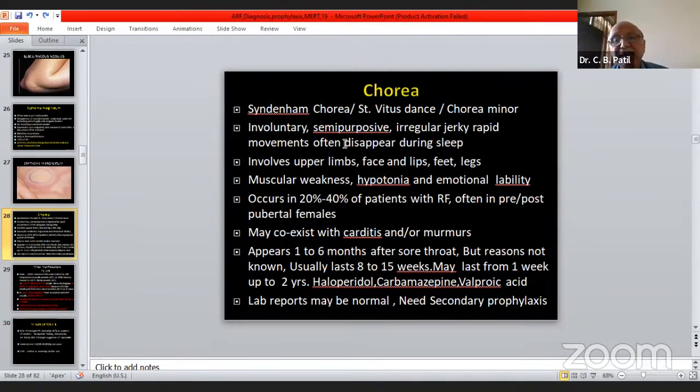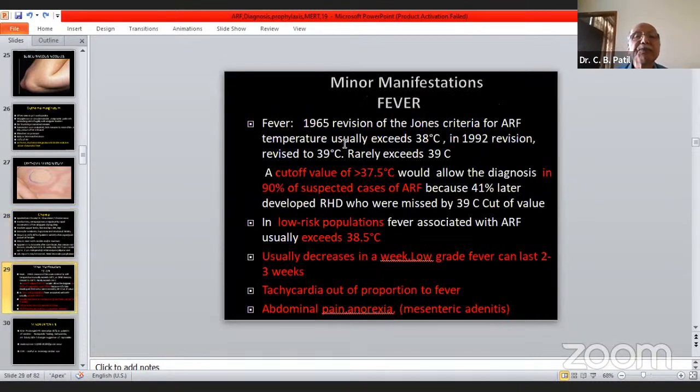But the treatment is, of course, you have to treat the streptococcal sore throat, and that means benzathine penicillin prophylaxis is required. Haloperidol, carbamazepine, and rarely valproic acid are helpful to relieve the symptoms. Lab reports may be normal because it occurs very late, and it needs secondary prophylaxis in all the patients.